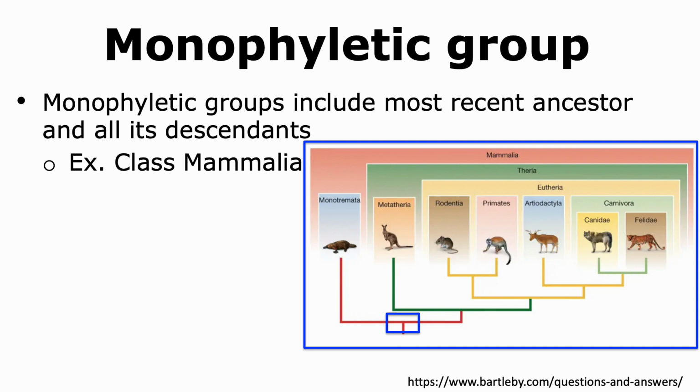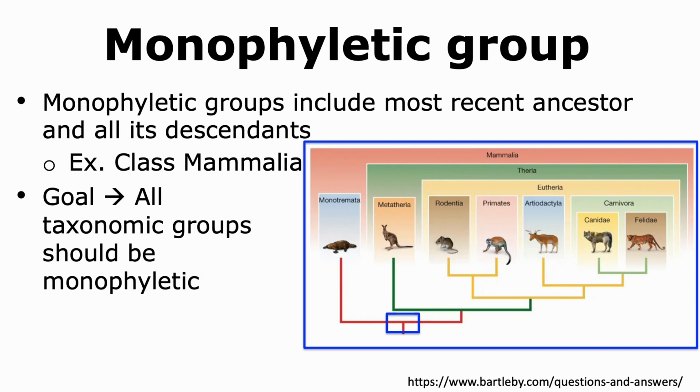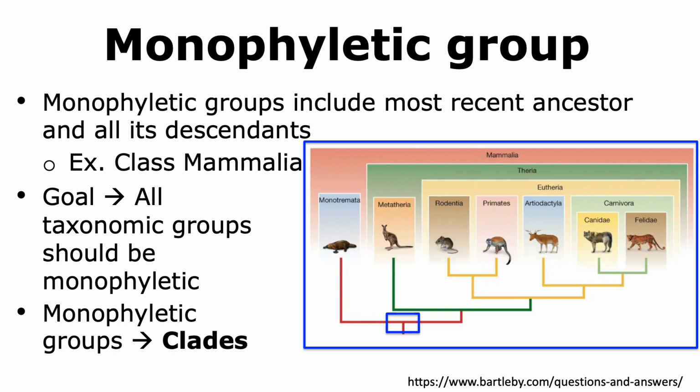Since this group includes the ancestor and all of its descendants, it is a monophyletic group. The goal right now is that all taxonomic groups should be monophyletic. These monophyletic groups, or taxon, are also called clades.